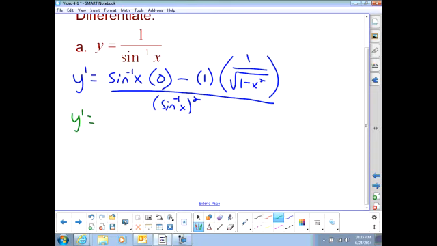So we'll have a negative, after this all wipes out, we'll have negative 1 over square root of 1 minus x squared, all over sine inverse x squared.